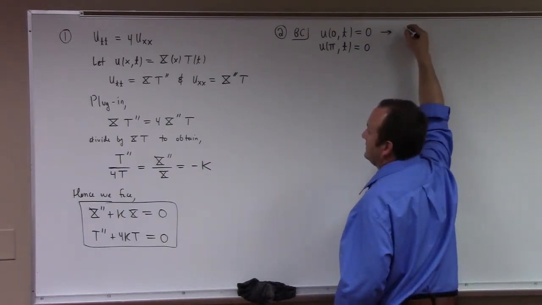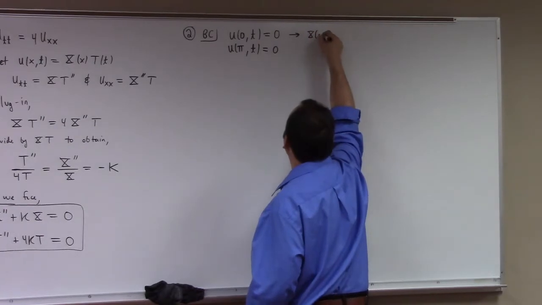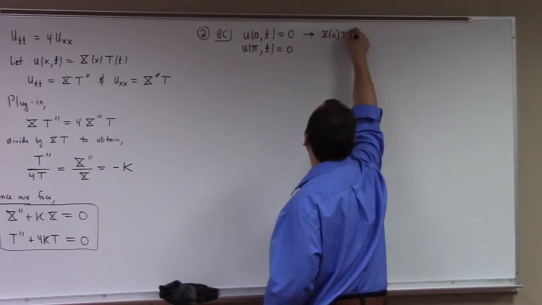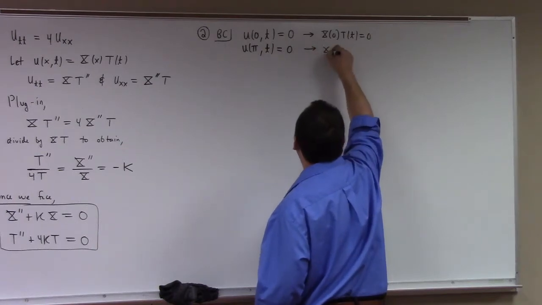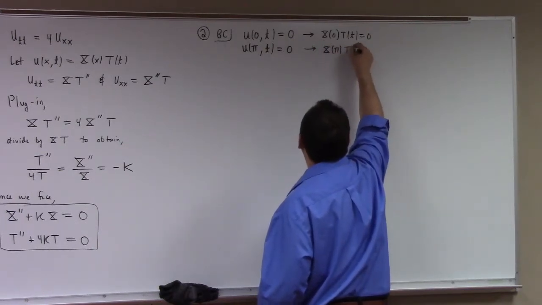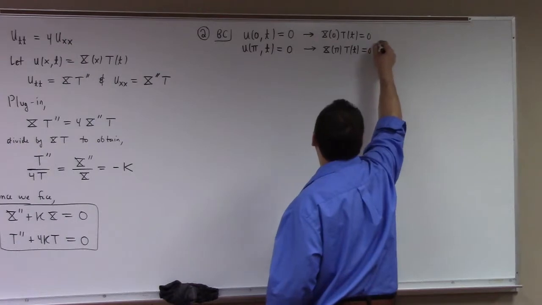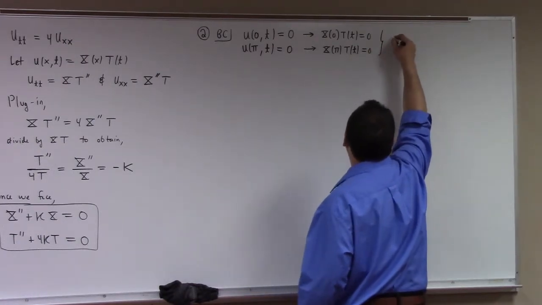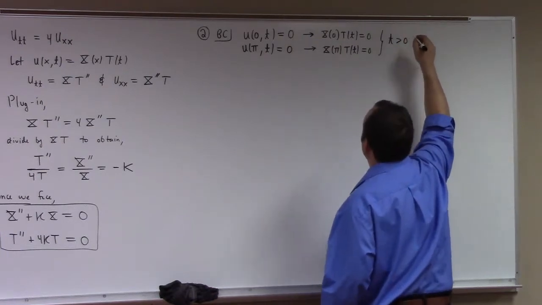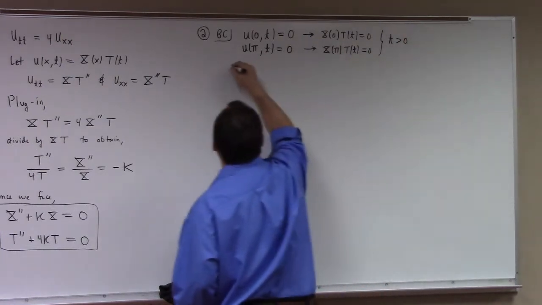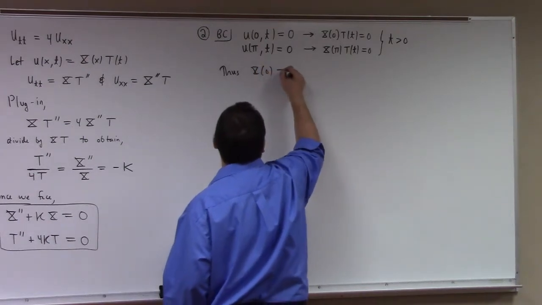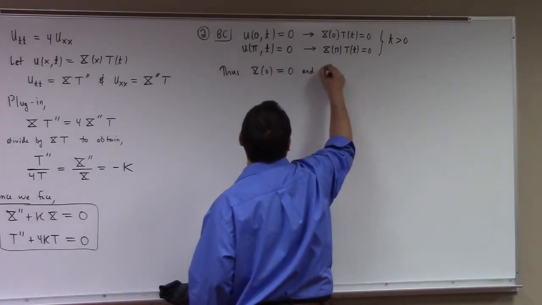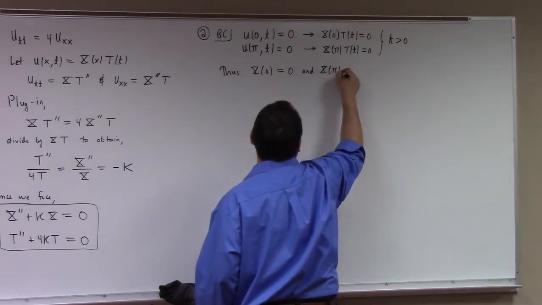That says X(0)T(t) = 0, and X(pi)T(t) = 0. These are both for t greater than 0. So thus X(0) must be 0, and X(pi) must be equal to 0.